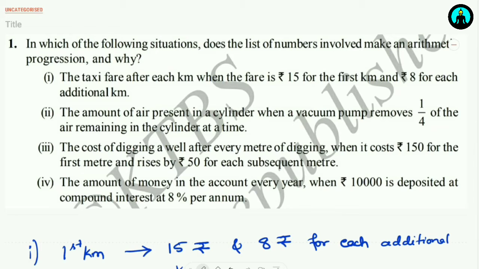Initially, if you remove 1 by 4th of the air from the cylinder, the volume will be 3 by 4. If you do it continuously, removing 1 by 4 each time, the volume remains 3 by 4th of the present volume.